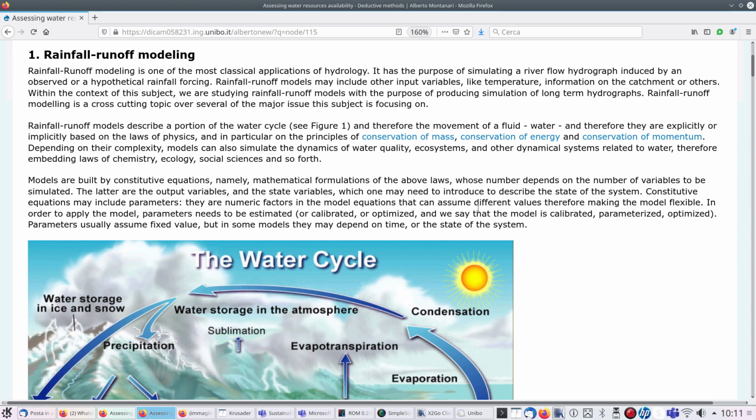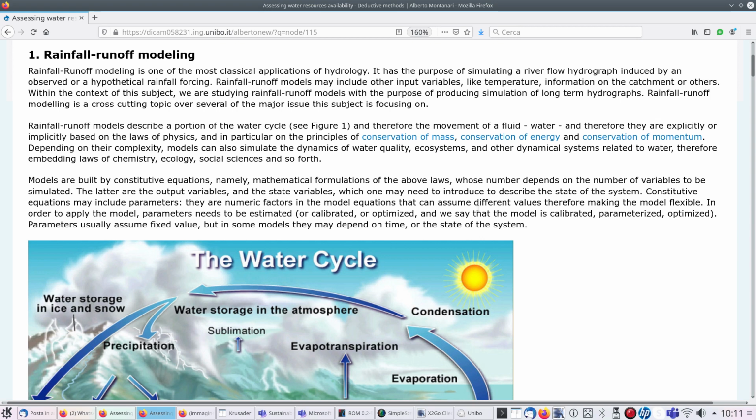This is already a measurement of rainfall, and actually the density of rainfall measuring stations is much higher than the density of river flow measurement stations. If you look at the collection of data that refer to the Italian lands, these data are collected by the Regional Agency for Environmental Protection.